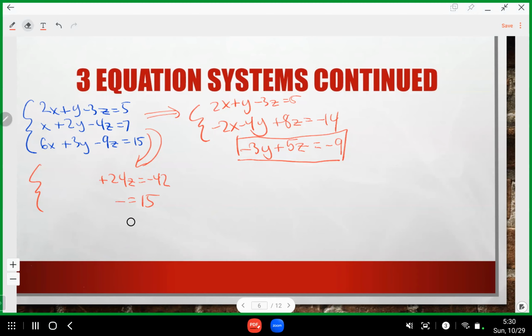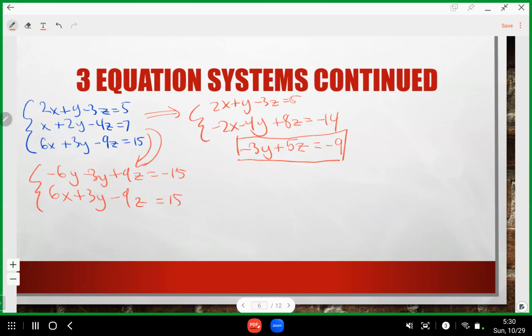So 1 and 3 we could try. Basically, we're multiplying the first one by -3. -6x minus 3y plus 9z is equal to -15. 6x plus 3y minus 9z is equal to 15.